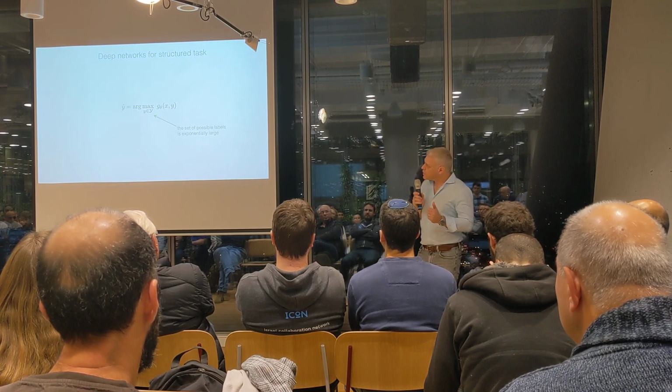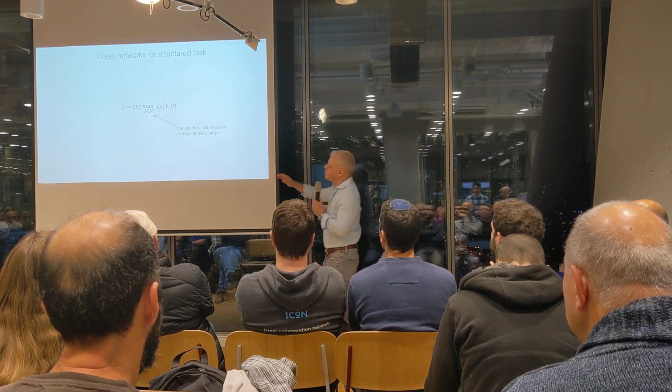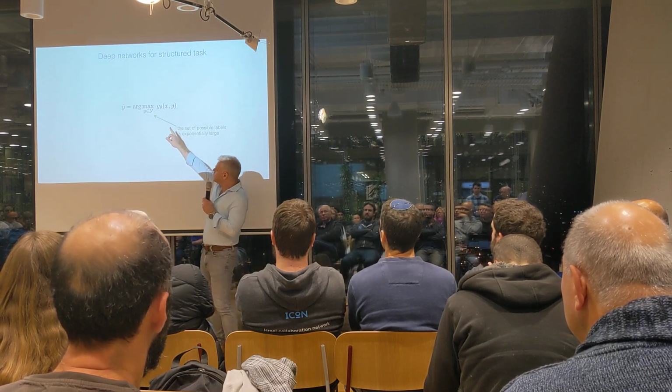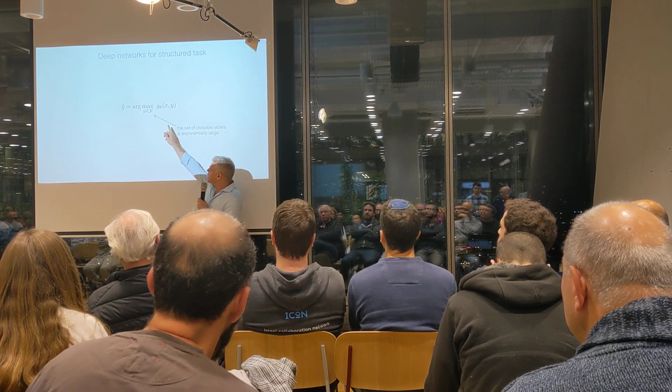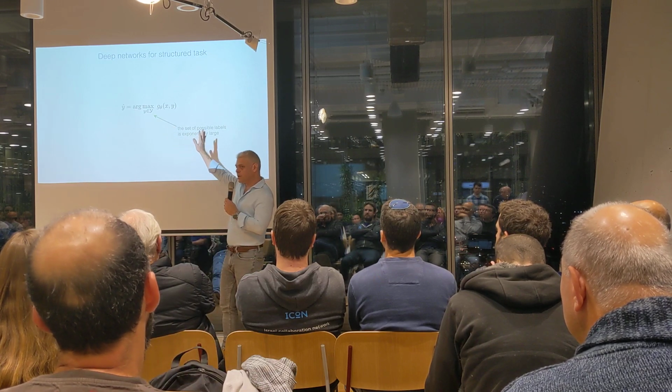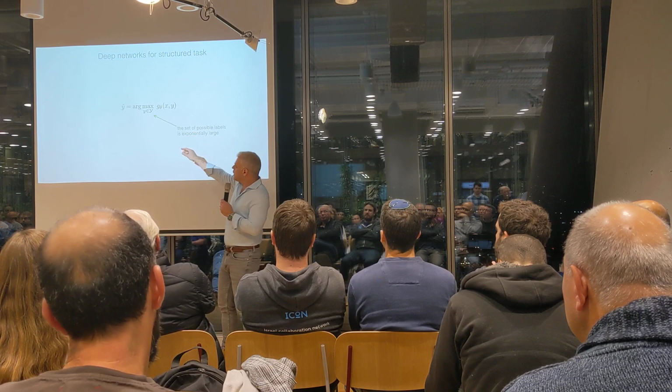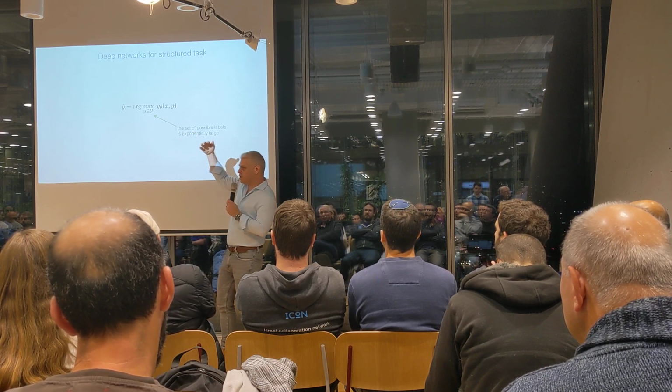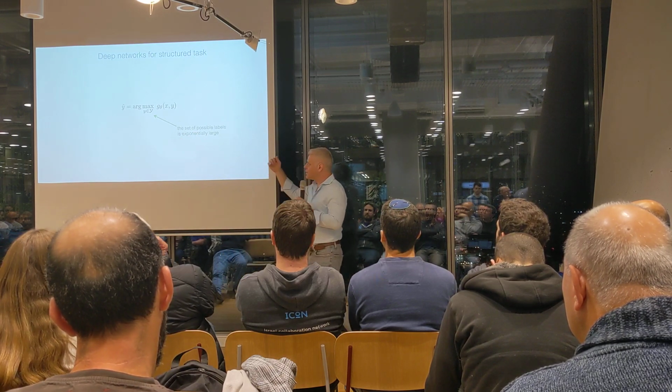In the case of structured output, the function is a little bit different. G is now the deep network, and it has parameters theta, and it gets as input x and y, not only x, but also y. In order to predict, we enumerate all possible y's.